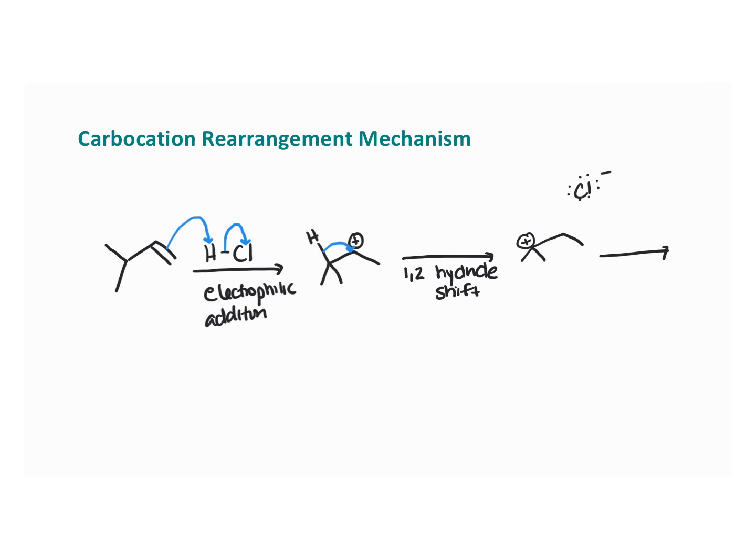And the chlorine comes and attacks that tertiary carbocation through a coordination step. And there we go. That's our product. So there's 2-chloro-2-methylbutane. So we just end up with a hydride shift before the coordination step. Hydride shifts are really fast, and so that's what happens there.